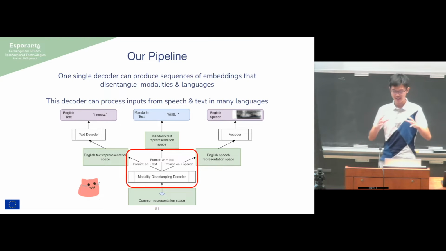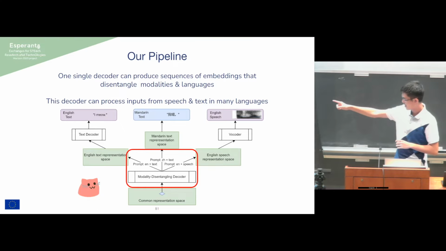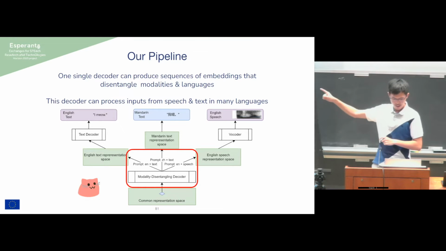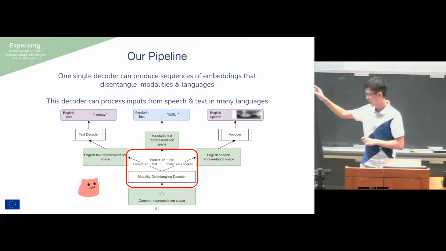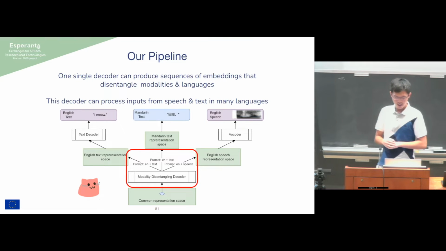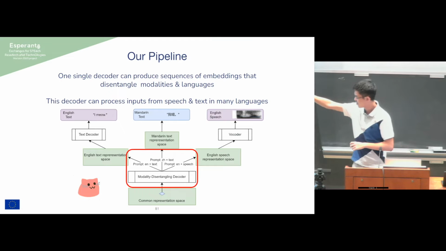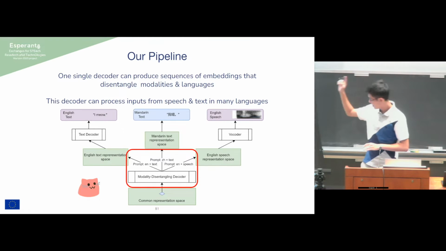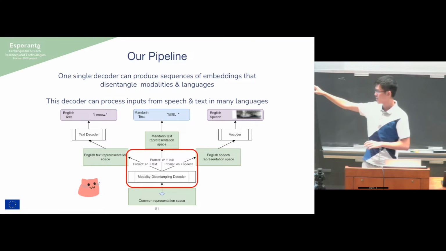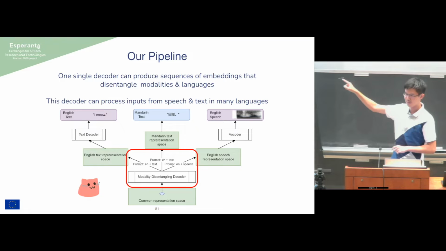From the common representation space, the embedding first passes through a modality and language disentangling decoder that is shared across languages and modalities. The target of this decoder is a space that previous studies have shown is easy to generate text or speech from.